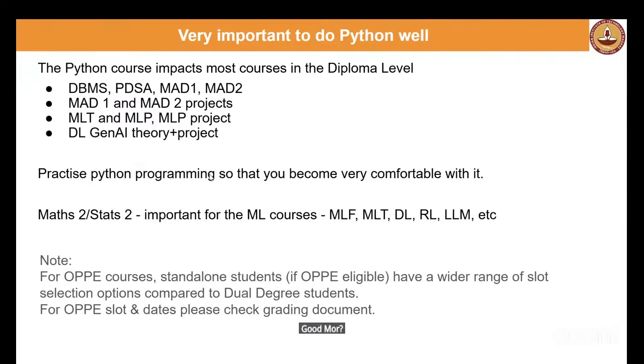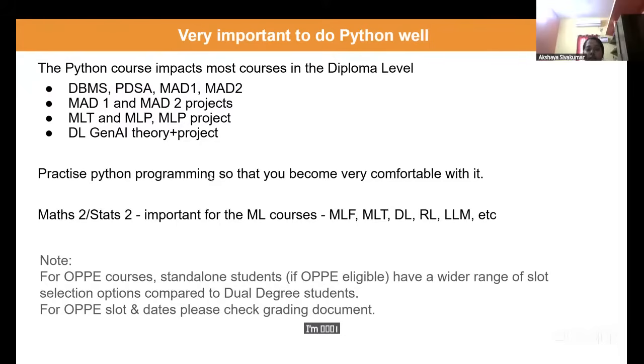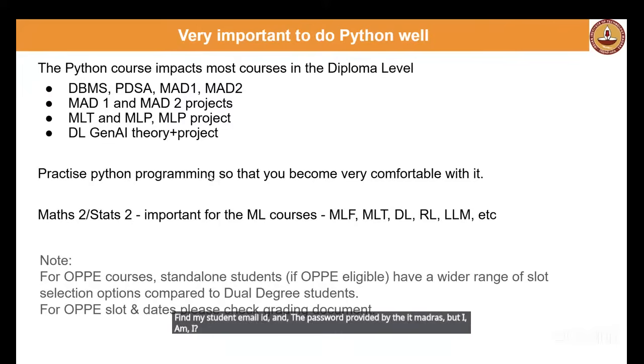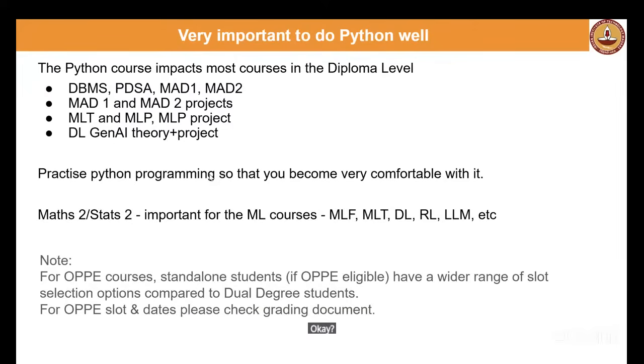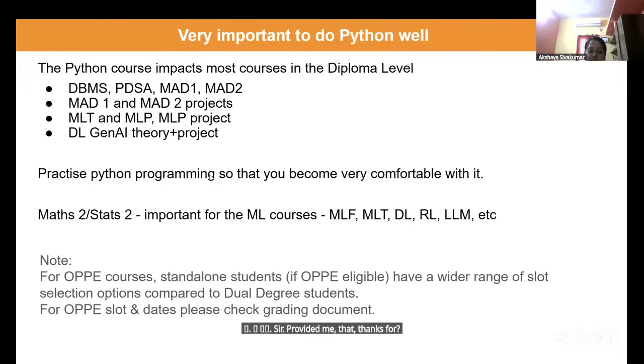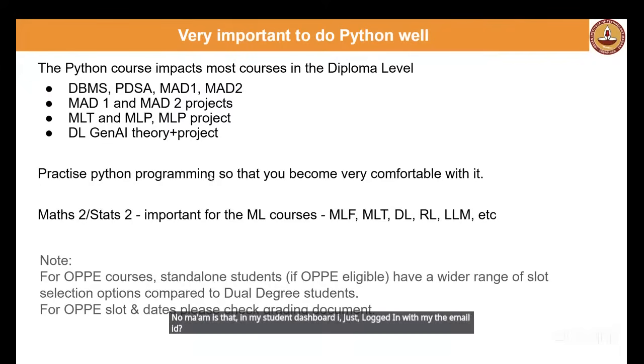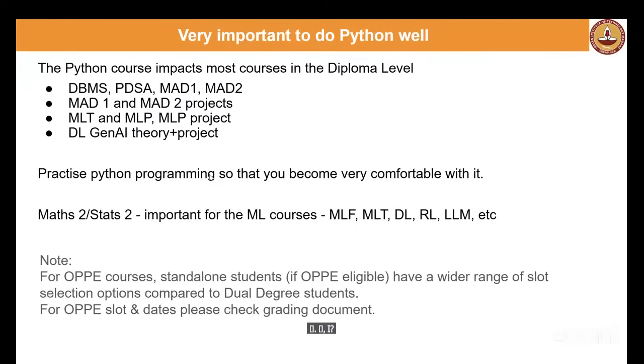Good morning, ma'am. Actually, I had raised my hand when I was not able to find my student email ID and the password provided by IIT Madras, but I have now got that in the chat questions. Now my query is that in my student dashboard, I logged in with the email ID provided by IIT Madras, but I can't see anything in the course details.